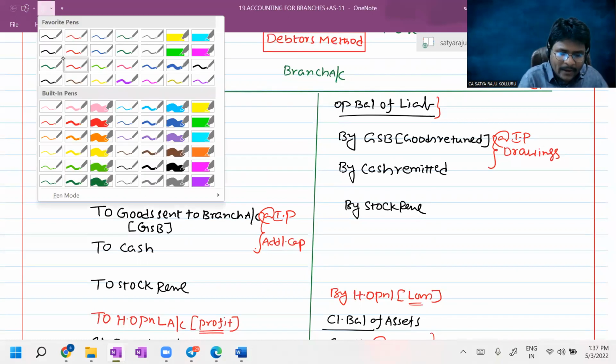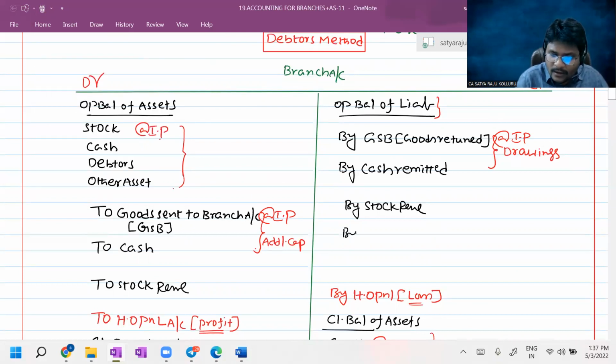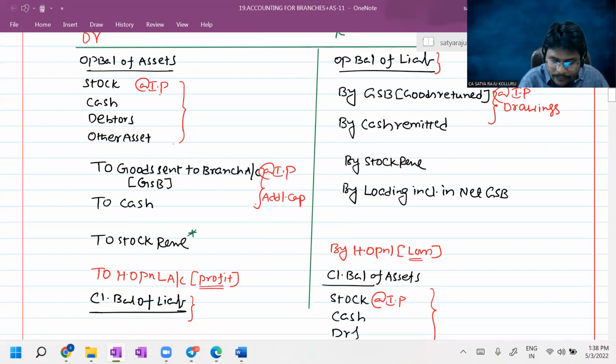That's why, apart from the stock reserve, you should also record the loading included in net goods sent to branch and remove it. Now the formalities you made: the closing stock reserve and the stock reserve included in opening stock, you eliminated as an unrealized profit lying in closing stock, and the profit included under net goods sent to branch you also removed.